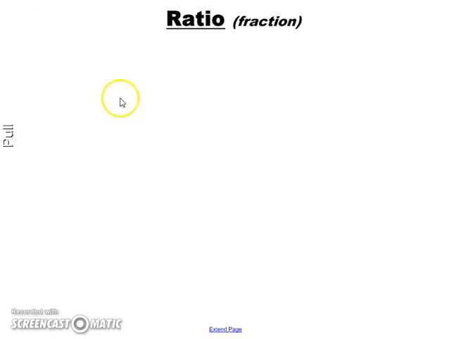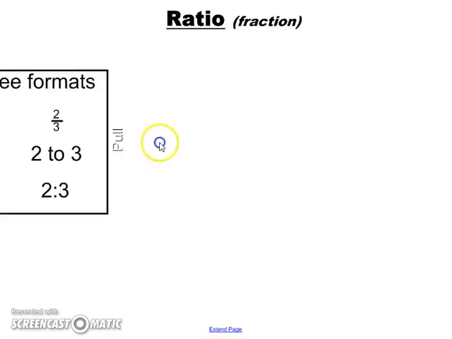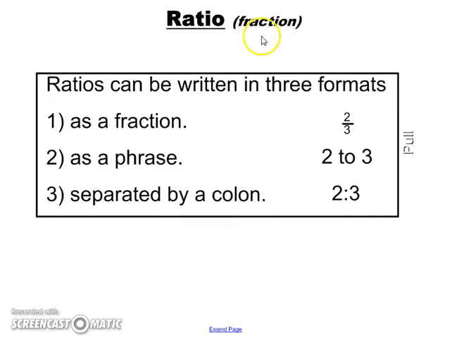So ratio, and one of the things I want you to think of when you hear the term ratio is fraction, because a ratio in many ways is a fraction, or can be written as a fraction. But then there's a couple other formats. So ratios can be written in three formats. First is fraction, which will probably be the common one that you are used to, 2 out of 3.